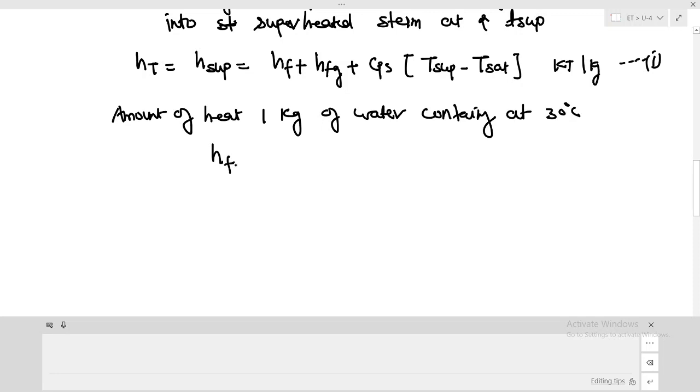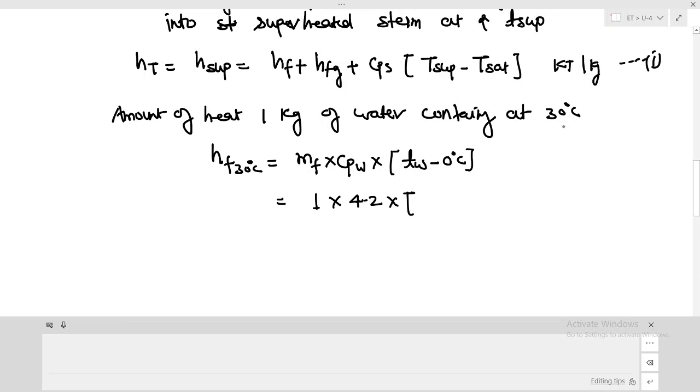So Hf at 30 degrees Celsius will be, if you remember, mf into Cpw into (Tw minus 0 degrees Celsius). mf is unity, Cpw is 4.2 for water. Water is at a temperature of 30 degrees Celsius and 0.